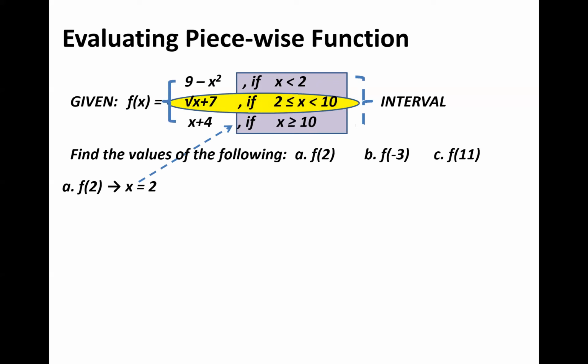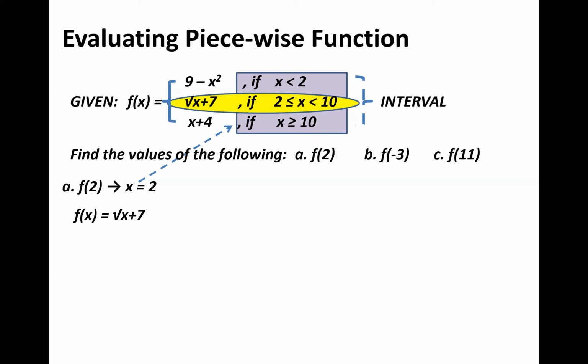So doing that, that is square root of x plus 7 if the value of your x is less than 10, greater than equal to 2. So yung greater than equal to 2, that is x is equal to 2 as well. So ibig sabihin, si x is equal to 2 magpo-fall under this condition or interval. So therefore, ang subfunction na gagamitin natin is f of x is equal to square root of x plus 7.